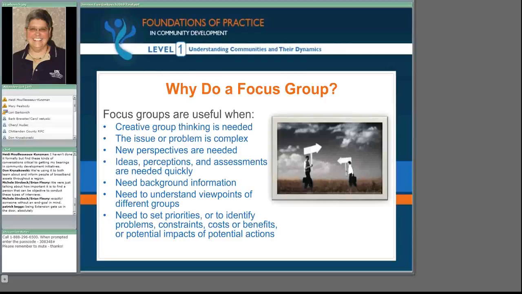When there's a really complex issue or problem on the table, a focus group can be very useful because it allows us to hear the perspectives of others and to come to a better understanding of how people are thinking about the topic or the issue.